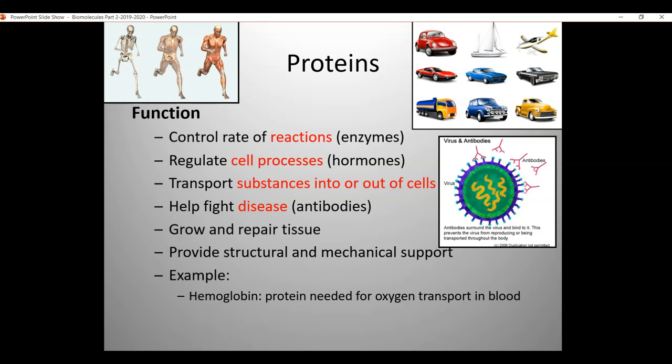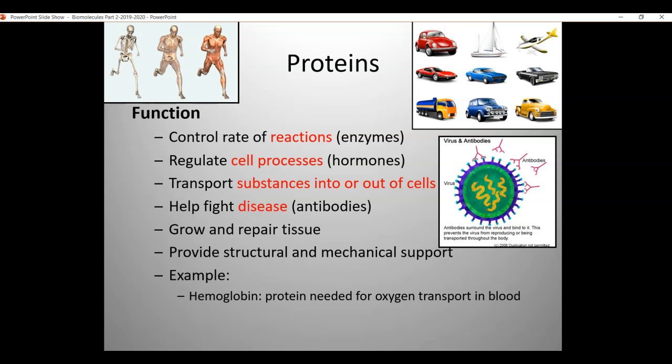Transport substances into or out of cells. Transmembrane proteins, I spoke about that in the first part where we talked about the phospholipid bilayer of the cell membrane. It has proteins embedded in it called transmembrane proteins that help substances that are too big to get through that membrane go ahead and cross.